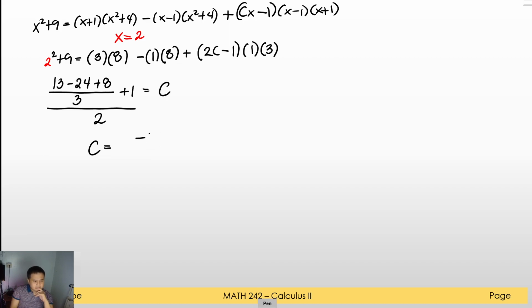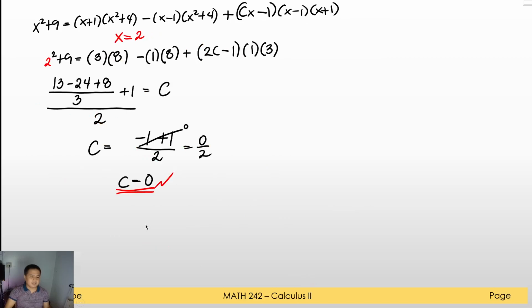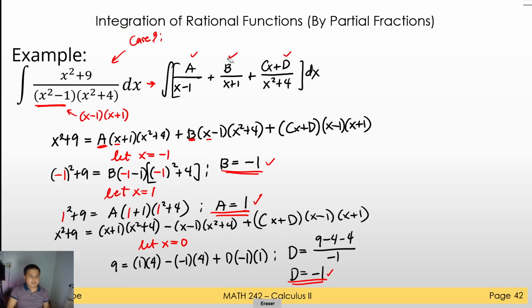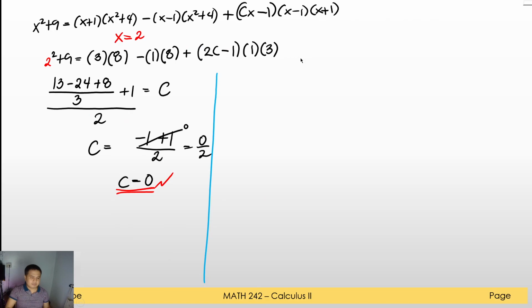So this is negative 1. So plus 1 over 2. So this is just 0. So 0 over 2. c is equal to 0. Okay? So that's it. Now you will just substitute the values here. So if you integrate this original problem, you just have to substitute the values here. And then you can now integrate.